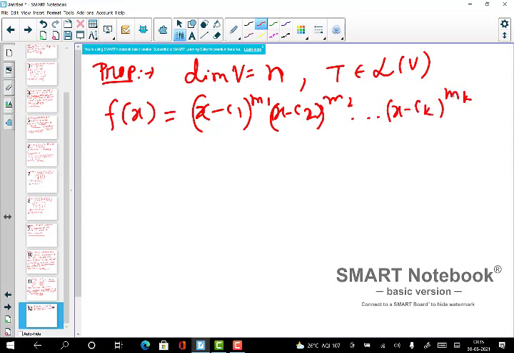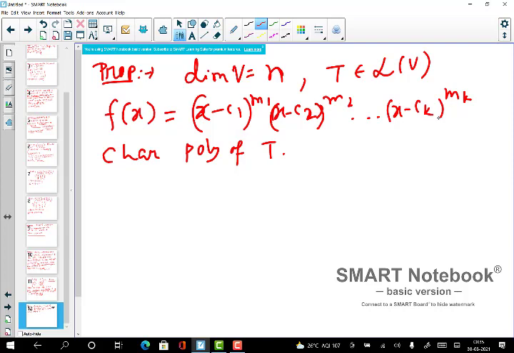This is the characteristic polynomial of T. So these c1, c2, ..., ck are the distinct eigenvalues, and there are repetitions, like c1 repeating m1 times. That means m1 is the algebraic multiplicity of c1. Similarly, mk is the algebraic multiplicity of ck.